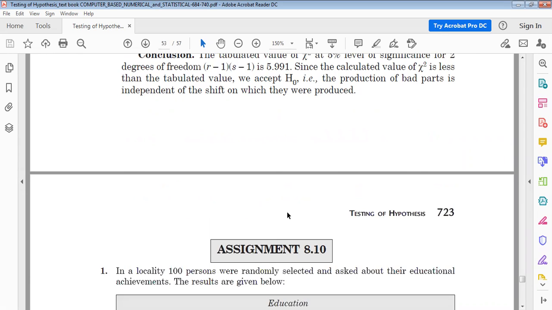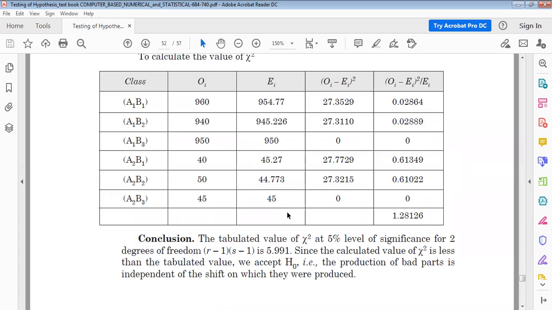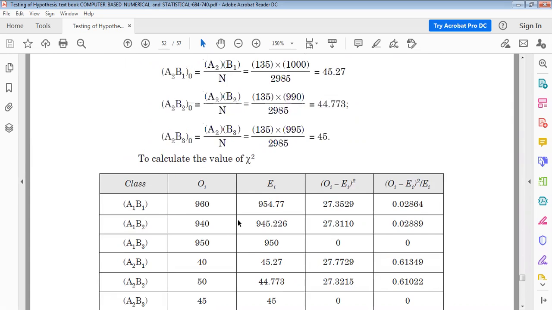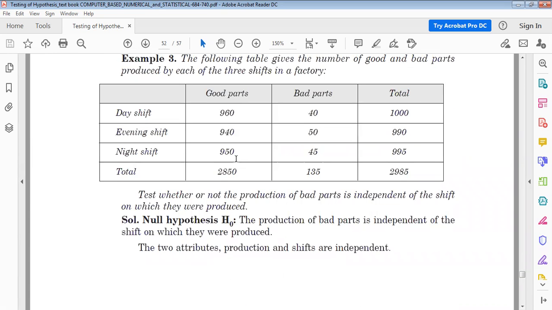We have calculated this value. Remember the degrees of freedom formula: (rows minus 1) multiplied by (columns minus 1). How many rows in our given table? 1, 2, 3, 3 rows. Columns: 2.